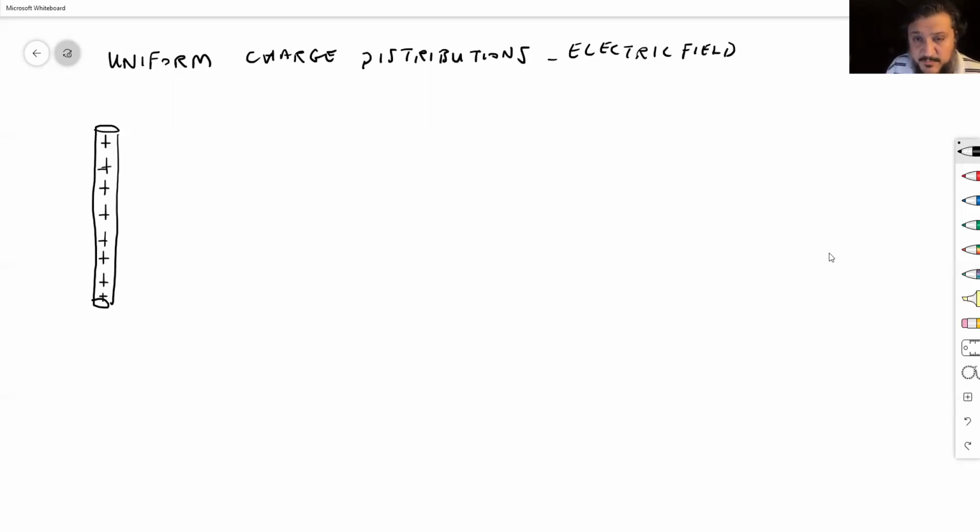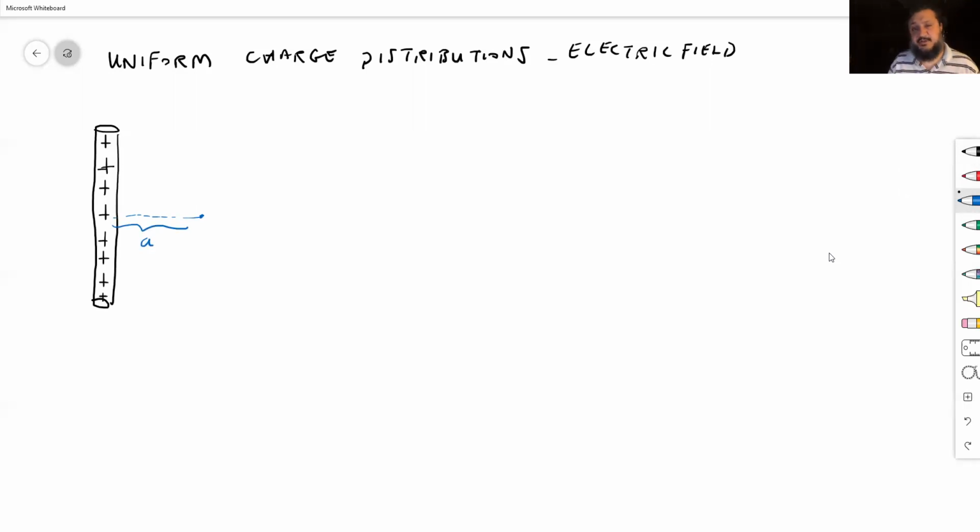You rub it with silk, and now it is positively charged. And you want to find the electric field right here. Let's use blue. Right in the middle, you move to a point here, which is A away from the rod, okay?